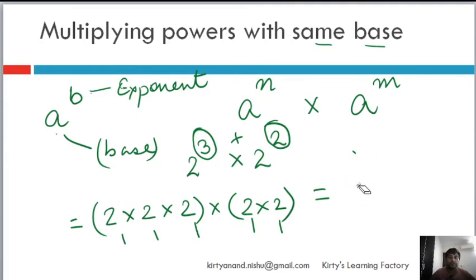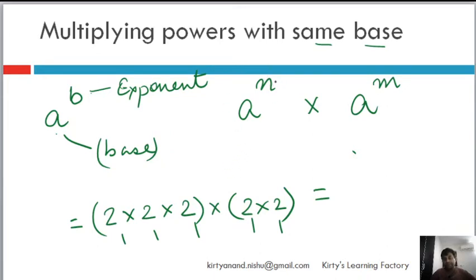So in essence what we are doing is, whenever we multiply two exponential numbers with the same base, the base is retained, and then you can simply add the powers, m plus n.